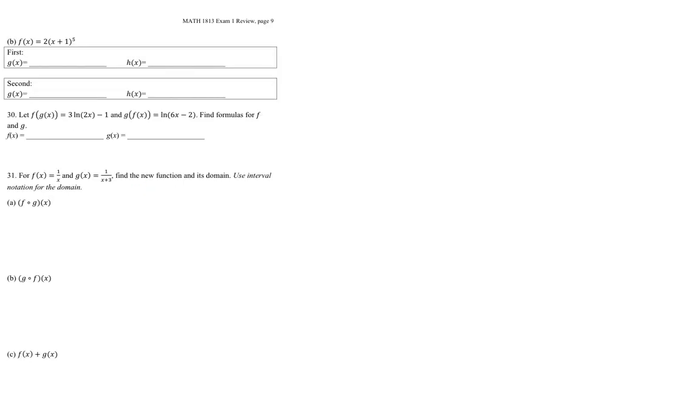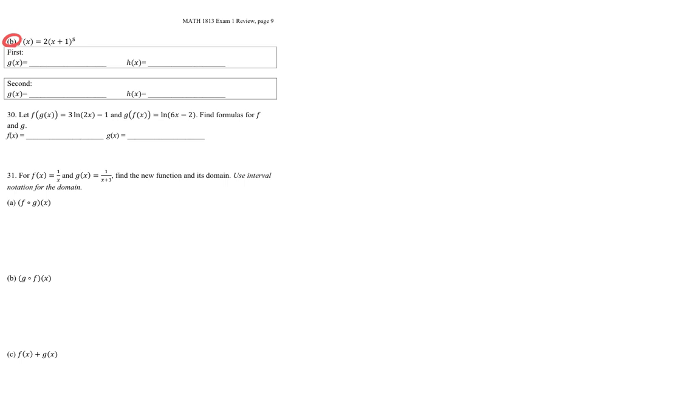Okay, so going to part B of this, we're finding a composite function f of x equals 2 times (x plus 1) to the 5th. So first we need to find two different sample solutions. For our outer function, g of x, one thing you want to look for is parts or spots where you can just substitute something.